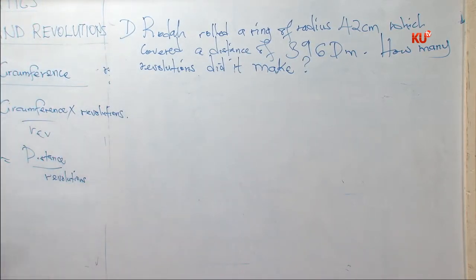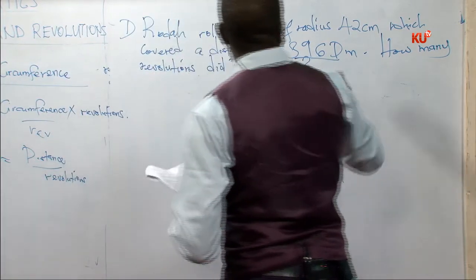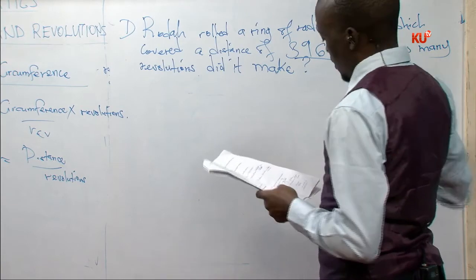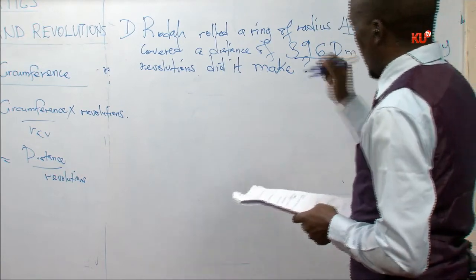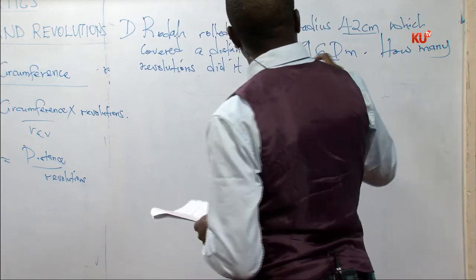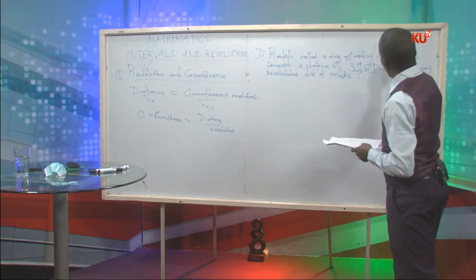And here again, we see we have two units that are contrasting. We have the decameter, we also have the centimeters. And when we were beginning, I told you that story of those learners. That is what is now helpful here. We shall need to convert this one first to centimeters.